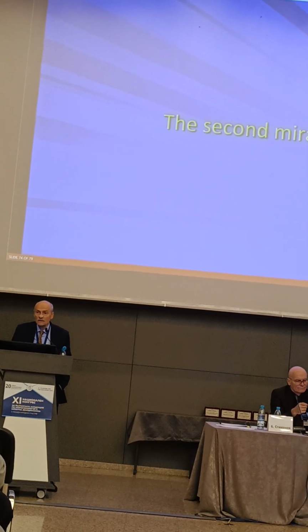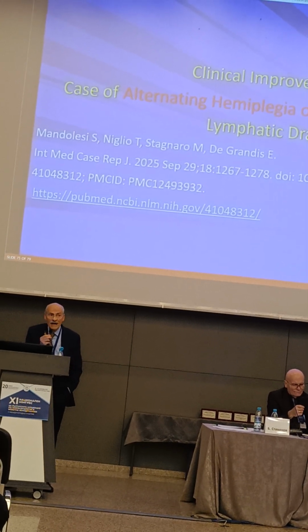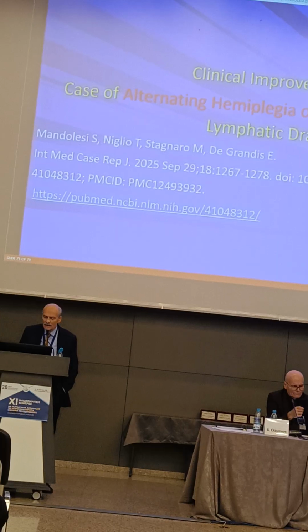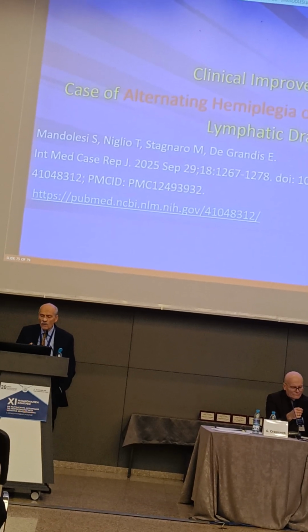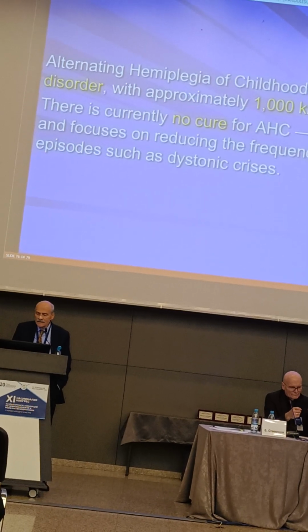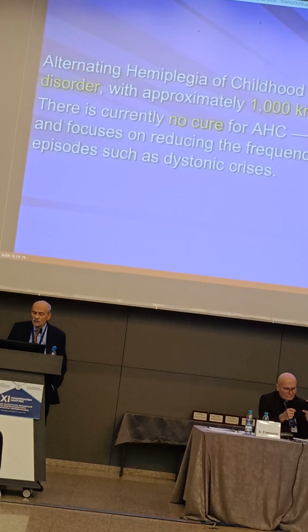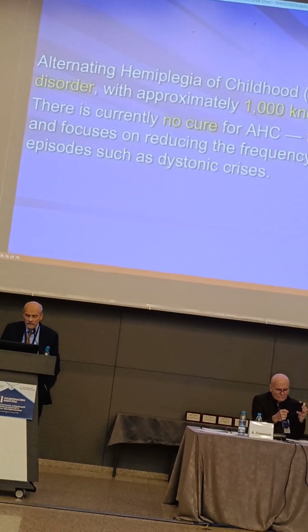The second miracle. You know what is alternating hemiplegia of childhood? After cerebral lymphatic drainage, we had these results. This disease is a rare neurological disorder. 1,000 only worldwide.